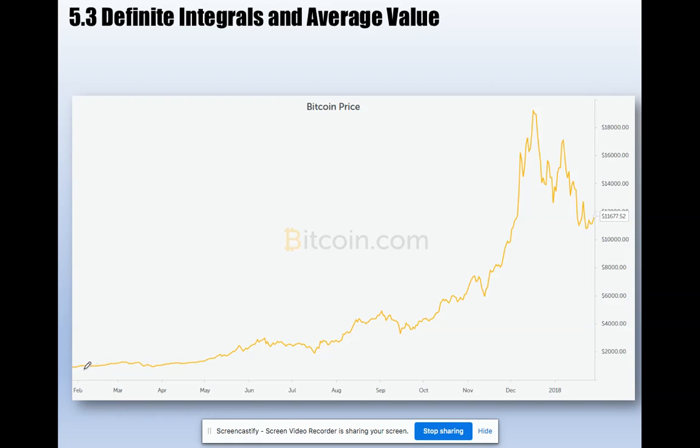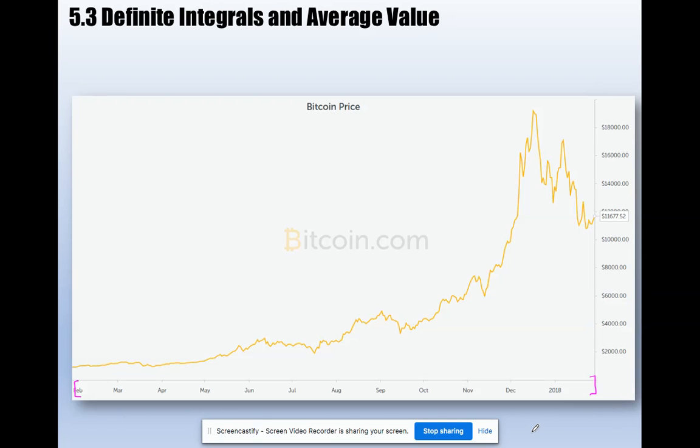So the Bitcoin's value started low and kind of steadily was the same for a while, but then there were some variations, and then a crazy spike. What's the average value, right, over this time interval? Start, stop. I wonder what the average Bitcoin price was.